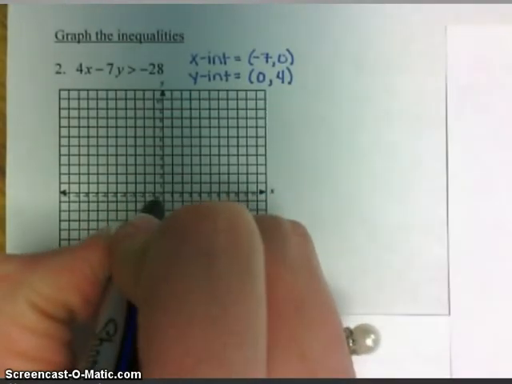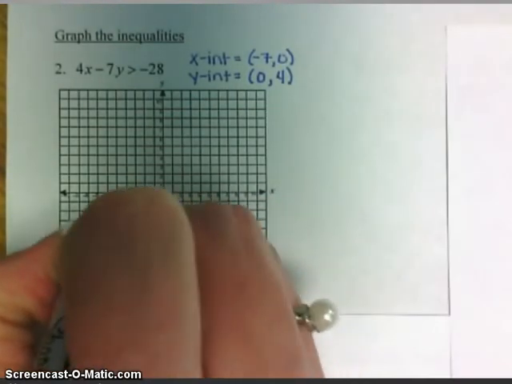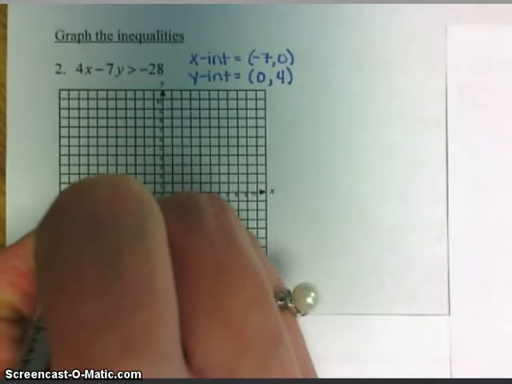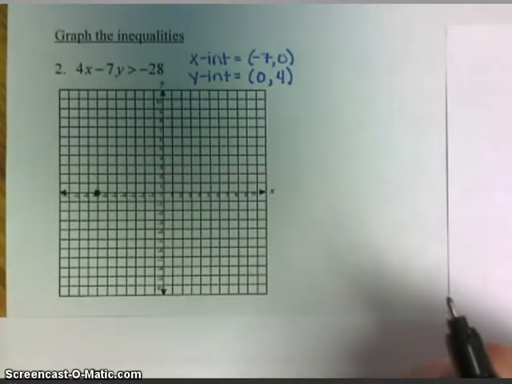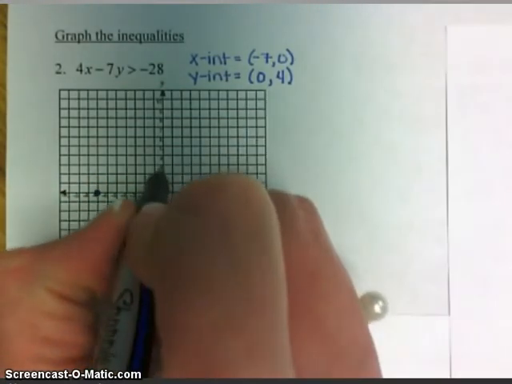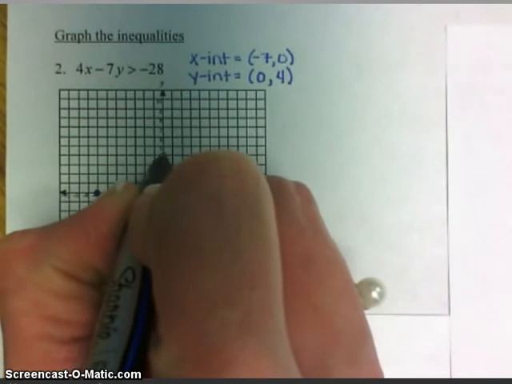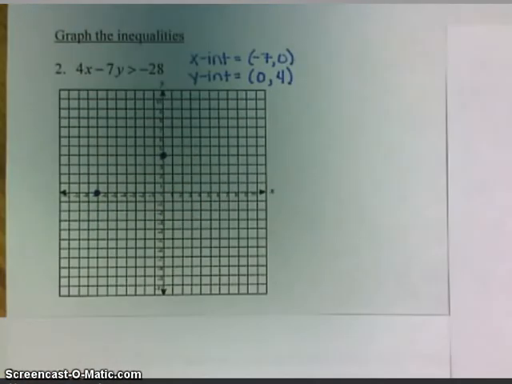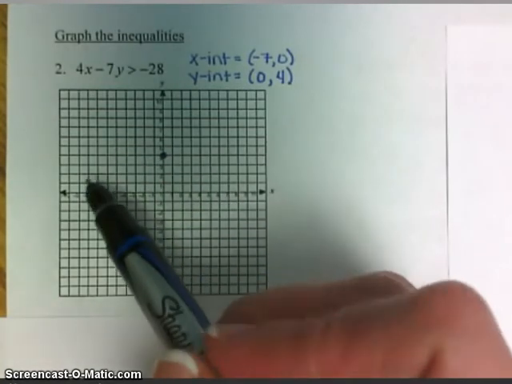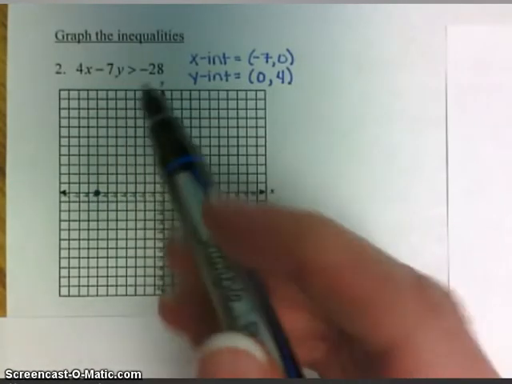Okay, so I could plot negative 7, 0 on my x-axis, that's the x-intercept, and then I can plot 0, 4 on my y-axis, that's my y-intercept, and then from there I'm going to connect the dots. Now before I connect the dots, I need to decide, is this a solid or dotted line?